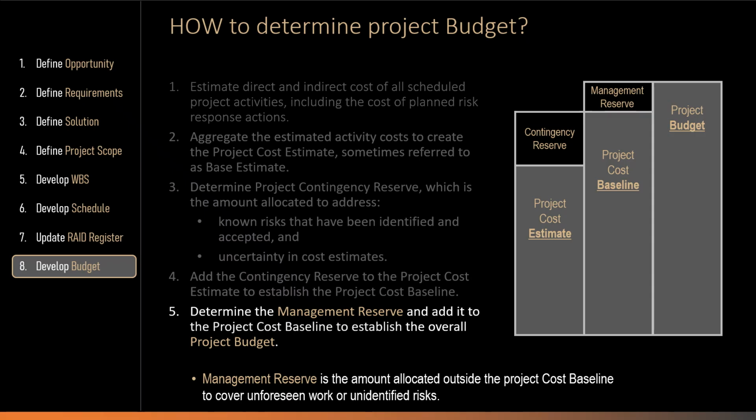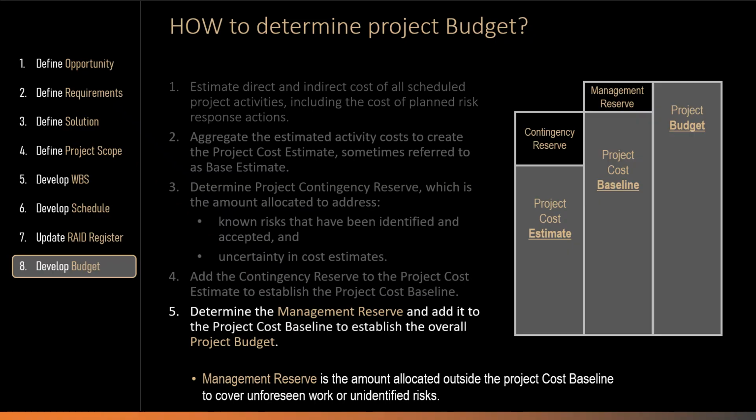The management reserve is an amount allocated outside of the cost baseline to cover unforeseen work and unidentified or unknown risks. An important note is that the management reserve is not included in the project cost baseline, but it is included in the overall project budget and funding requirement.